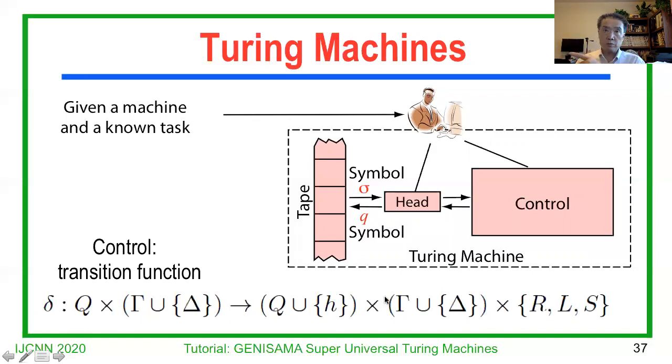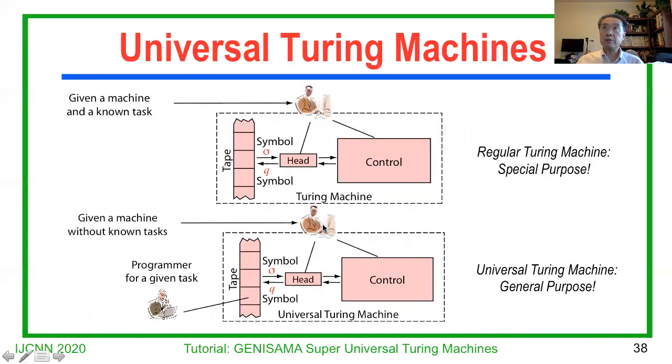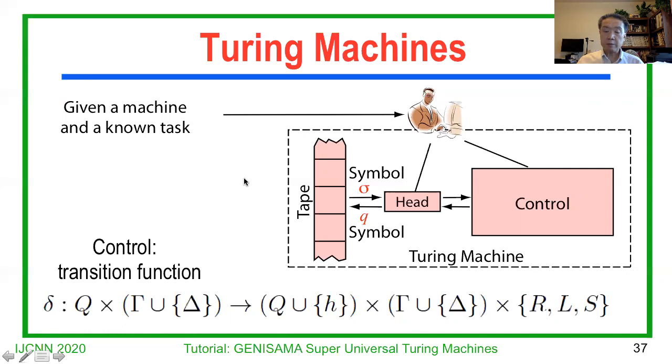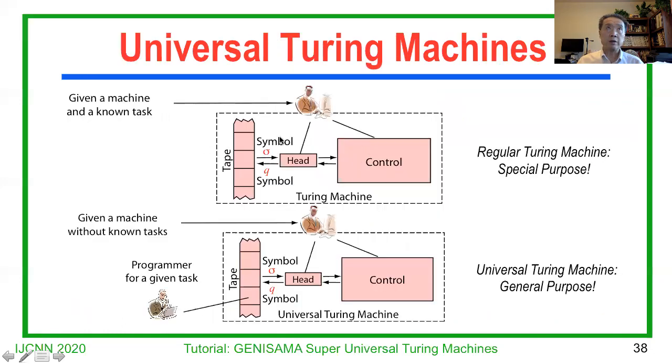So each move corresponds to 5 components. Then you start from the initial state and initial symbols on the tape, and run until the machine halts. Whatever is left on the tape is the output. So this machine is still special purpose.